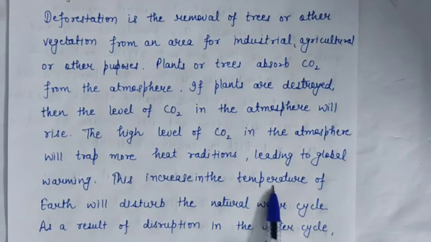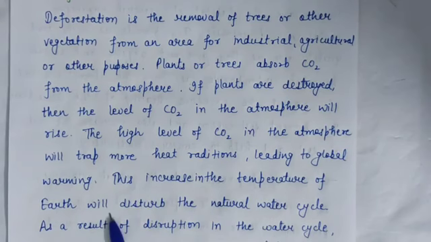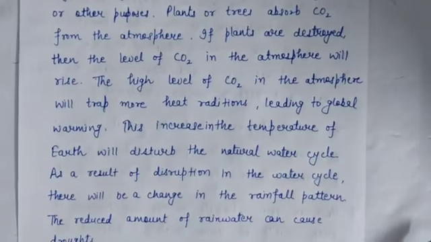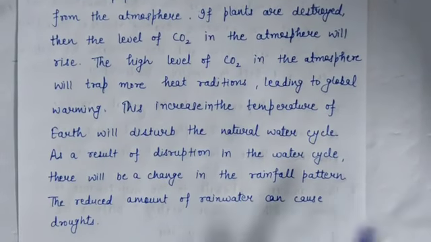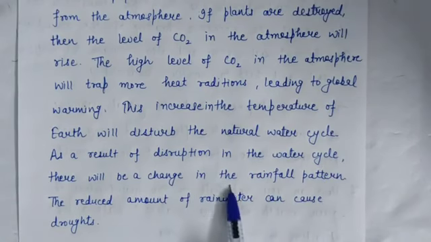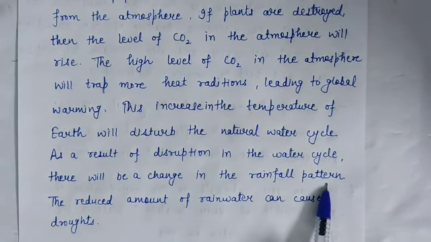This will increase the temperature of Earth, and this increase will disturb the natural water cycle. As a result of disruption in the water cycle, there will be a change in the rainfall pattern.